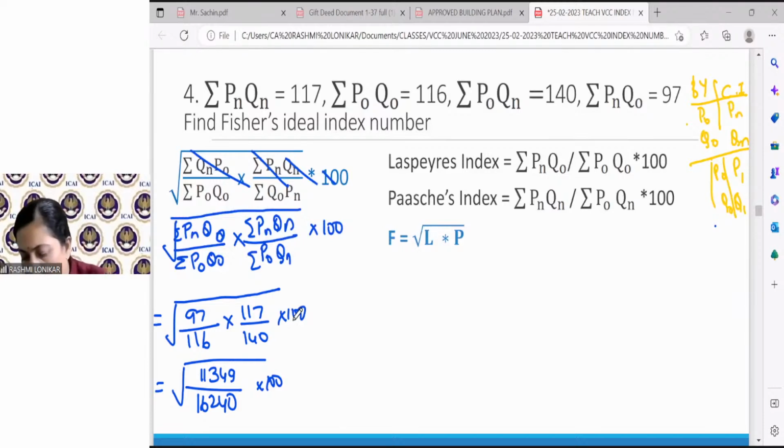So how much is this? 11349 divided by 16240 is 0.6988. Square root of 0.6988 into 100. So how much is the square root of 0.6988?